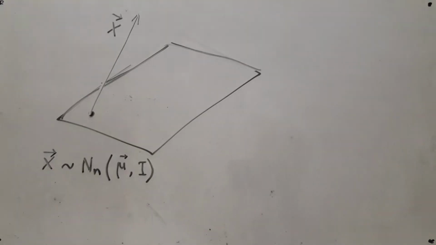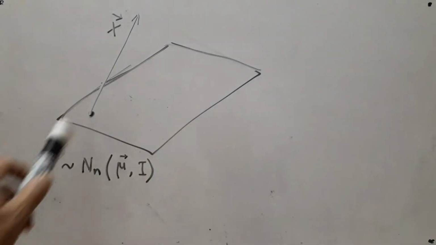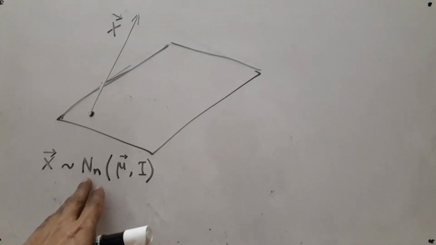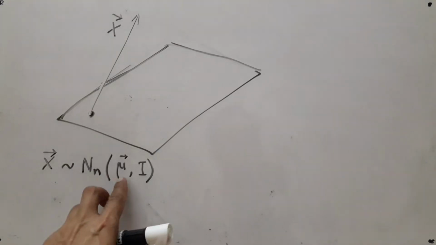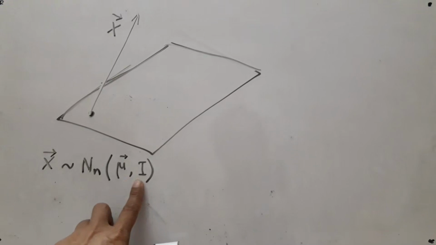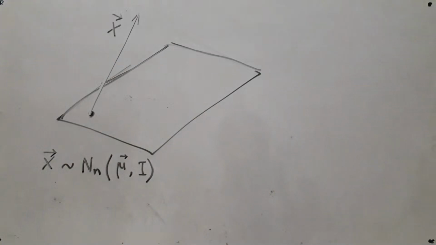In this exercise, we are drawing a picture of Rn, so just trying to visualize it as R3. I give you a subspace, which I am showing as a plane. This is my origin. I give you a random vector there, which is normally distributed, with any mean vector mu, but the covariance matrix is identity, which means all the components are independent and they have got variances equal to 1. Now this random vector I am going to project orthogonally onto this space.